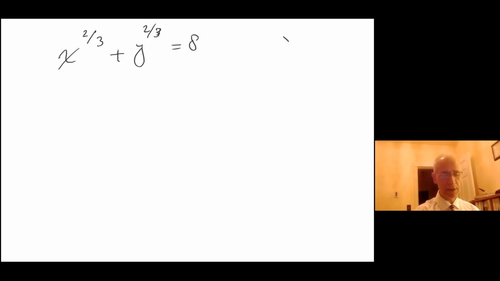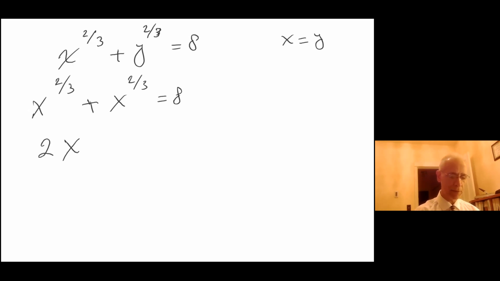And since x equals y, I can rewrite this as x to the 2/3 plus another x to the 2/3 equals 8. And that means that I have 2 times x to the 2/3 equals 8. And dividing both sides by 2, or multiplying by 1/2, I have x to the 2/3 equals 4.